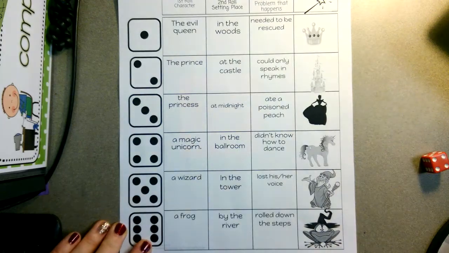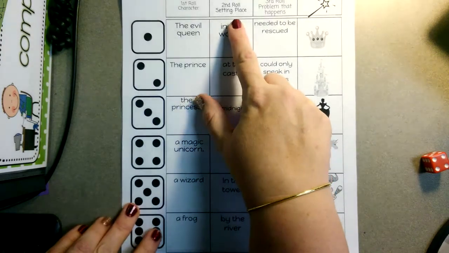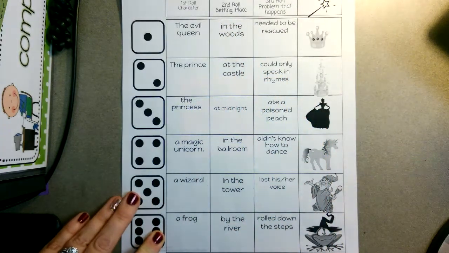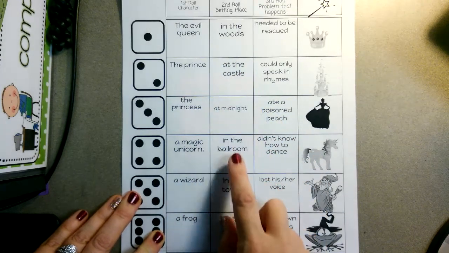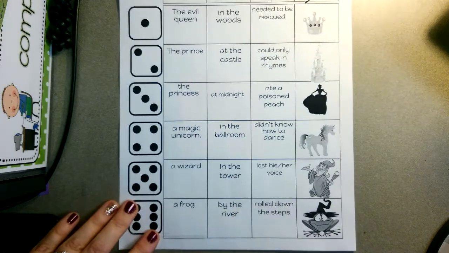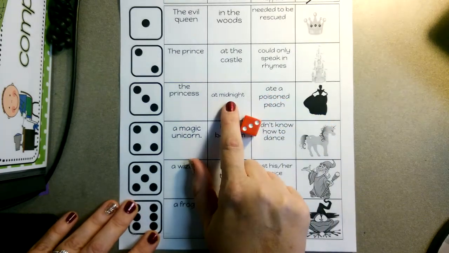Magic unicorn. All right. Next, my second roll is going to give me my setting, where my story is taking place. So I have in the woods, at a castle, at midnight, in the ballroom, in the tower, or by the river. Oh, let's see, Miss Davis rolled a 3, so at midnight.